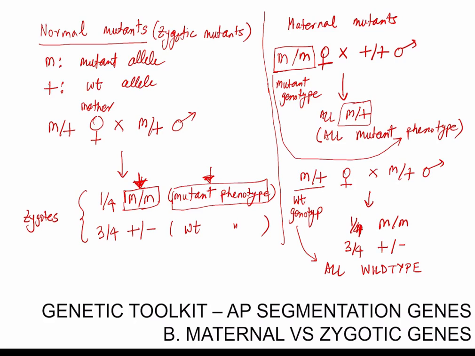So once again, in zygotic mutants, and these are the kind of mutants that we have dealt with so far, the individual, the zygote, has both the mutant genotype as well as the mutant phenotype. But during development, there is a new type of mutant that's possible, where it's the mother who has the mutant genotype, and that results in a mutant phenotype for the zygote or the progeny.